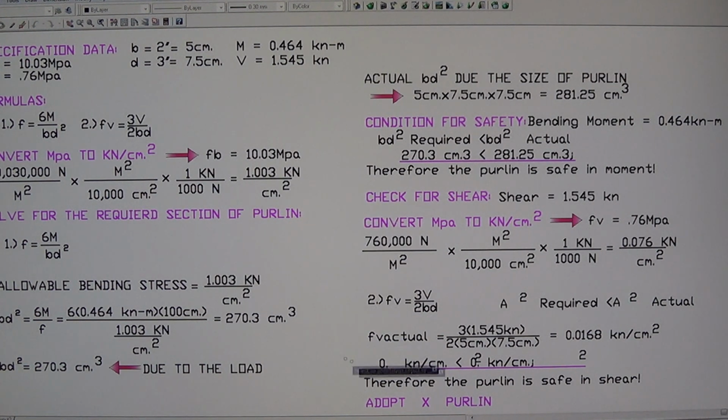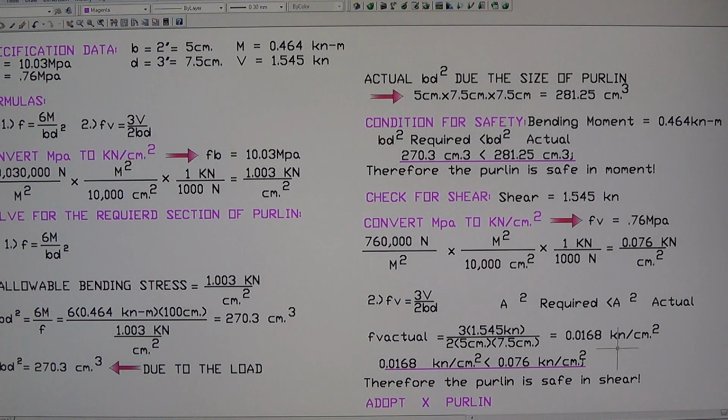So now compare this to the allowable. 0.0168 and 0.076. Okay, what happened now?